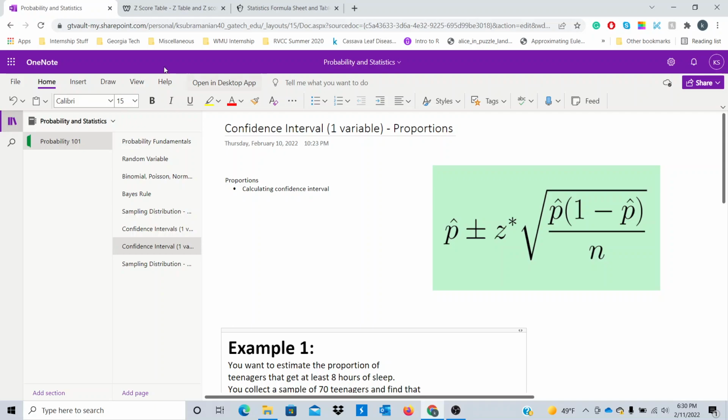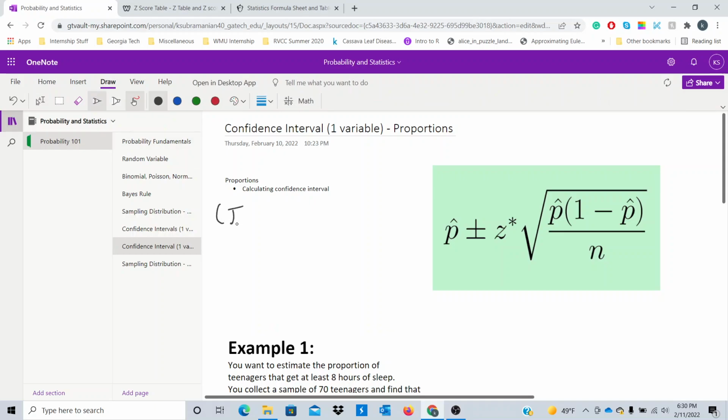As you recall in our video on confidence intervals, a confidence interval consists of a starting value plus or minus some margin of error. The margin of error is influenced by the sample size, our confidence level, and our standard deviation.